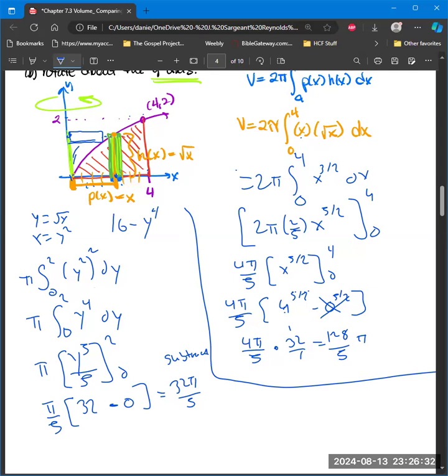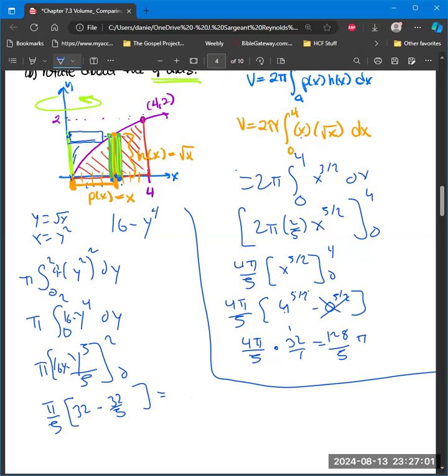And so there's a 4 squared minus that, 16 minus that. This is going to be 16y minus that is going to be 32 minus 32 over 5.